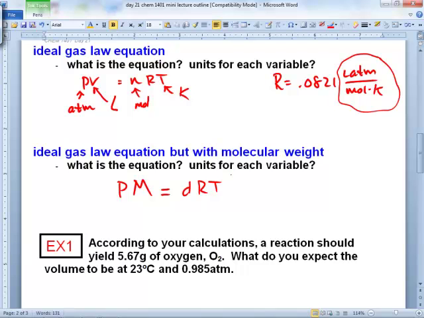Okay. Let's play the same game, April. Give me a variable or a letter and tell me what its units are. T is temperature. That had better be in what units? Kelvin. Monica Soto Ruiz. P is ATM. There's our pressure. Eric.